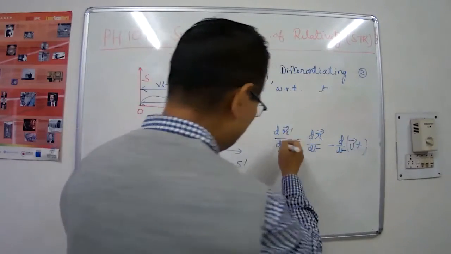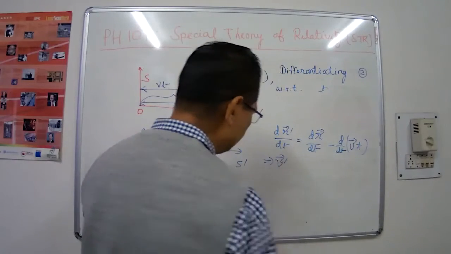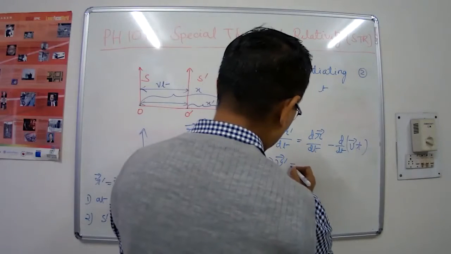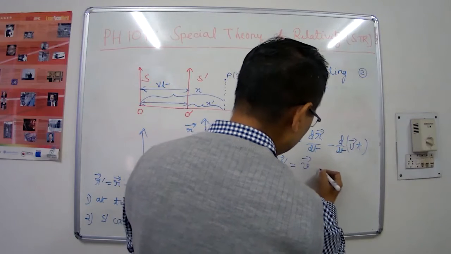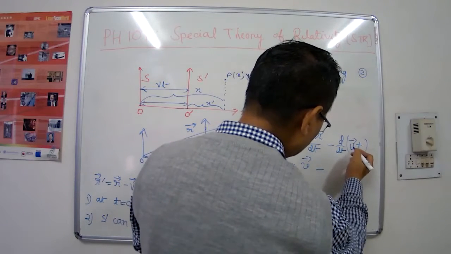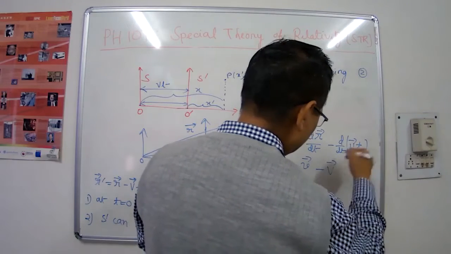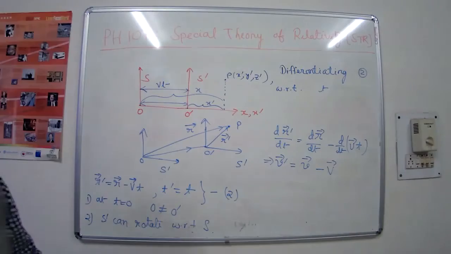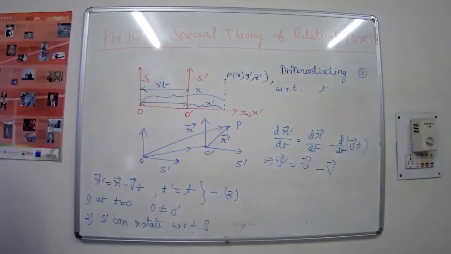Now dr prime dt is the velocity v prime of a body, then this is the velocity v, and V is a constant, so V will come out. Derivative of t with respect to t is 1. So v prime equal to v minus capital V.